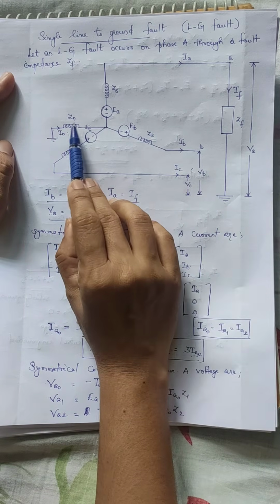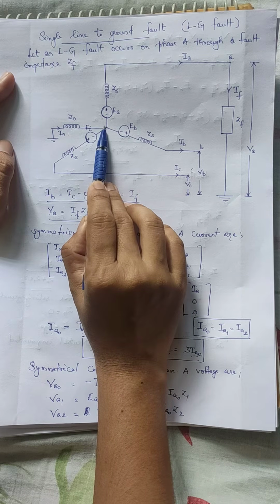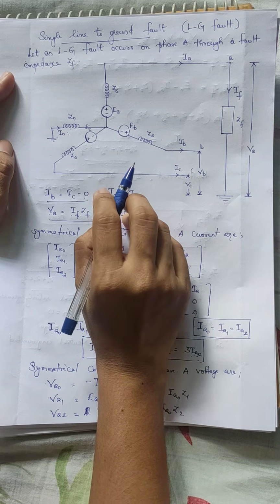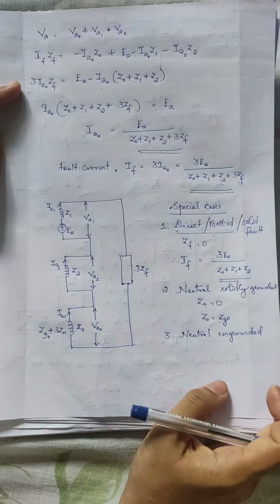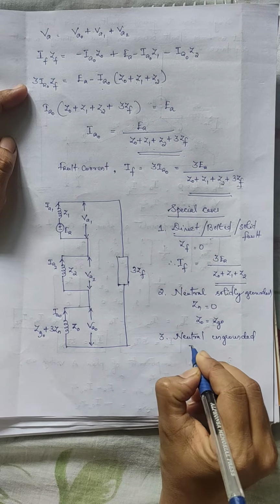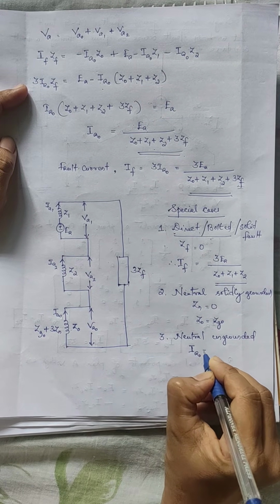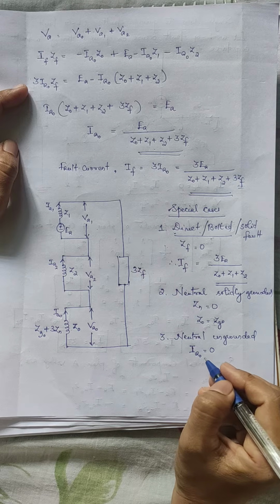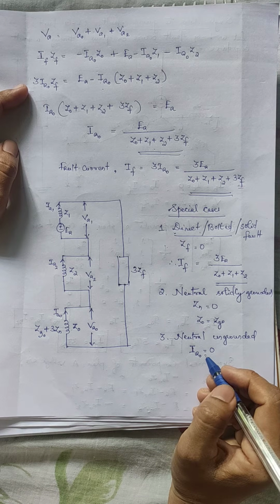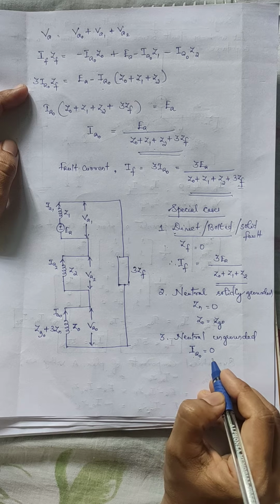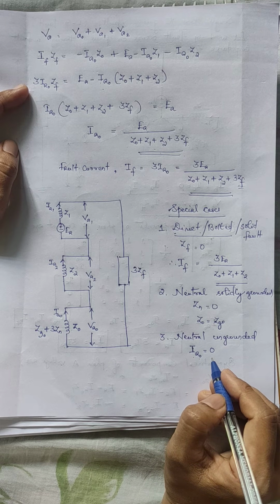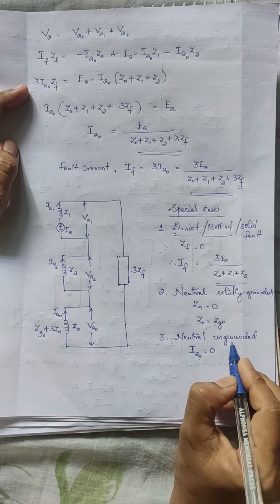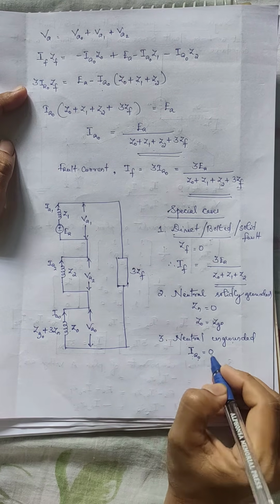So if the neutral is ungrounded, there is no path for the zero sequence current to flow. In that case, the zero sequence network will be open and the zero sequence current will not flow, that is, IA0 is equal to 0.